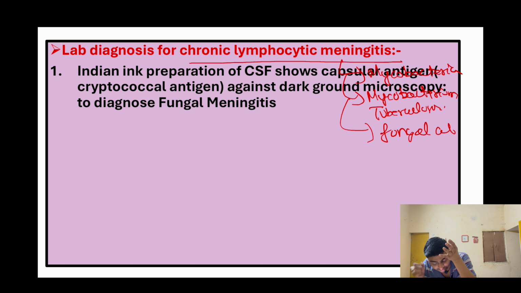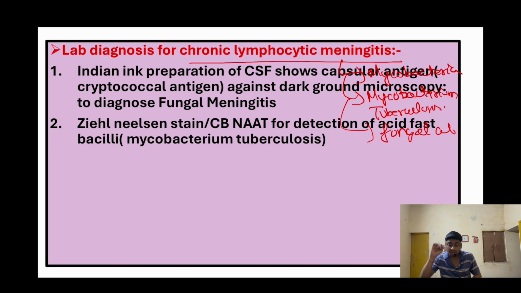The most common fungal agent we have seen is Cryptococcus neoformans or Cryptococcus gattii. So in case of fungal meningitis, we use the Indian ink preparation of CSF, which shows the capsular antigen against dark ground microscopy.